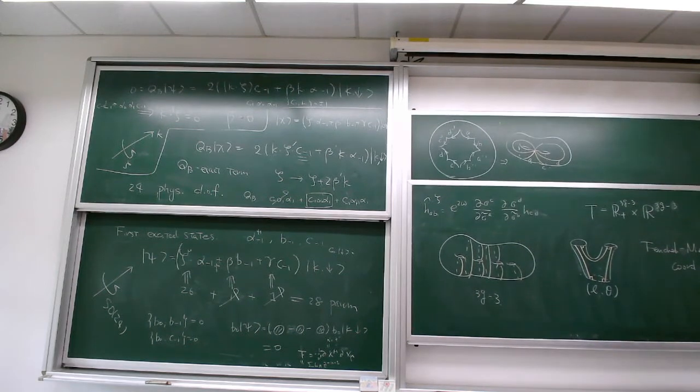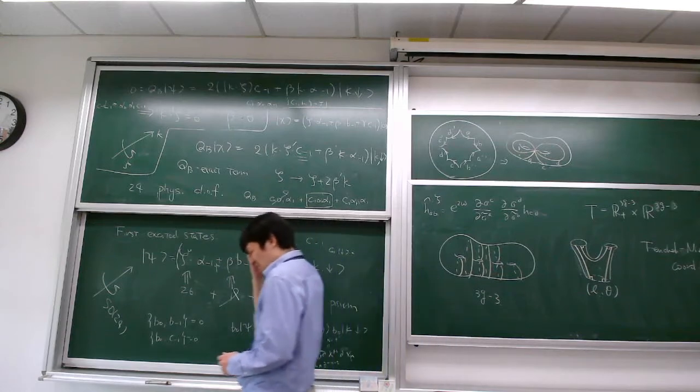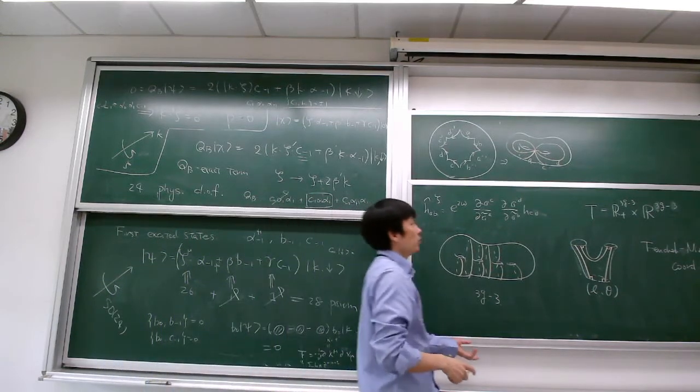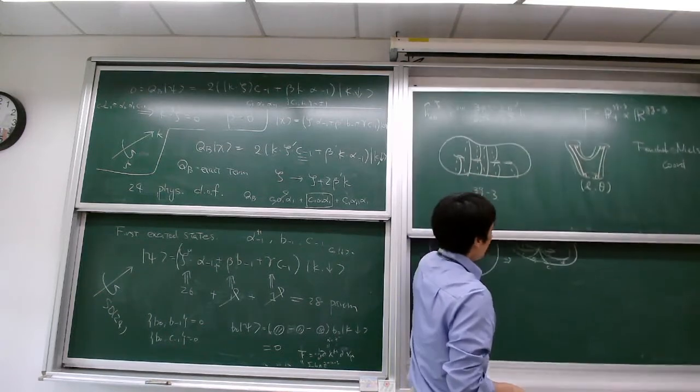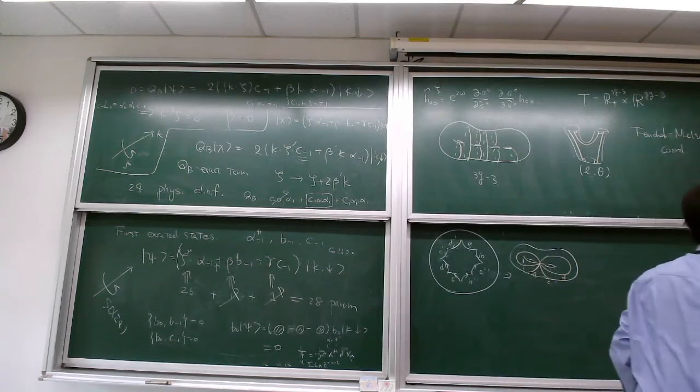However, as I mentioned last time, there is a so-called ambiguity by Dehn twist. And last time I mixed up the pants decomposition and Dehn twist.